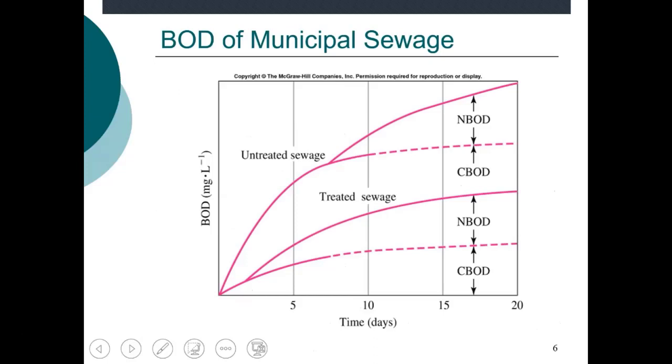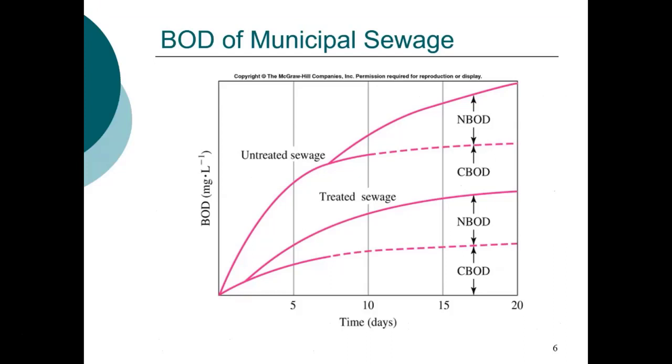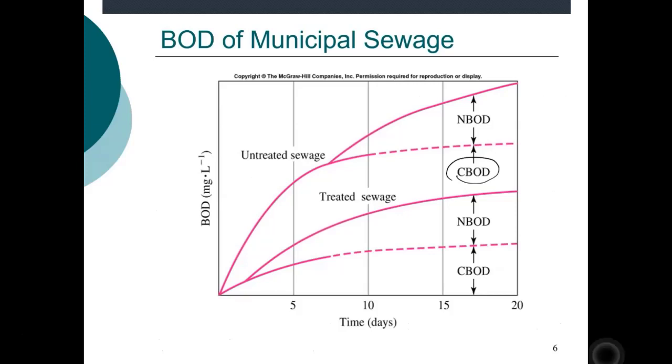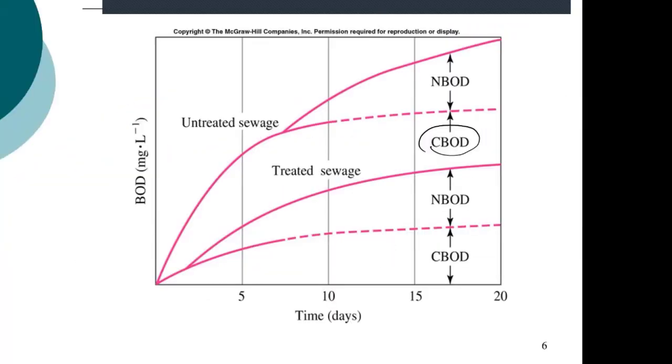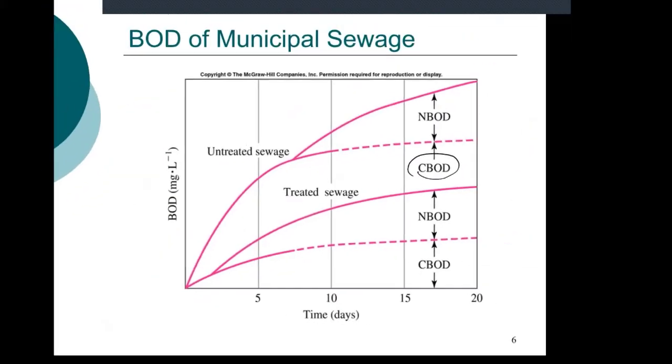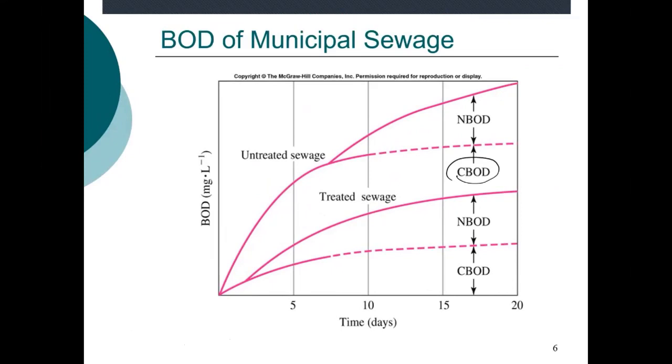I included this here just to give you a sense of the differences in the characteristics of the BOD with treatment. This C stands for carbonaceous. The C stands for carbonaceous and the N for nitrogenous.